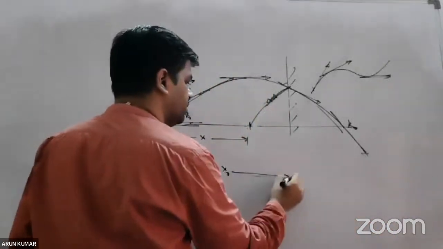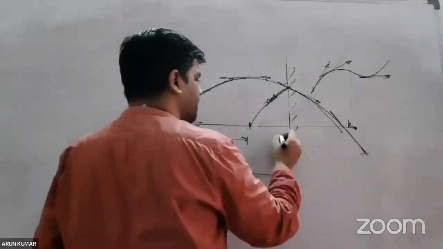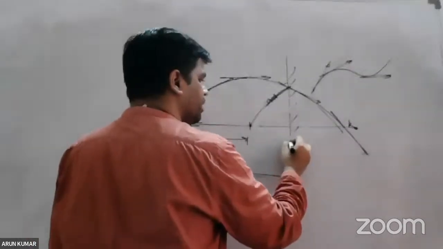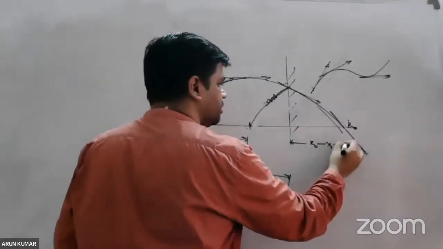This is x naught. Now this is also x naught, and this one will be r naught minus x naught.